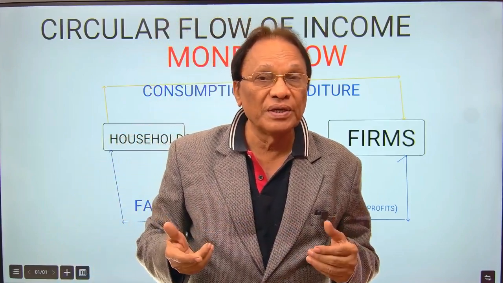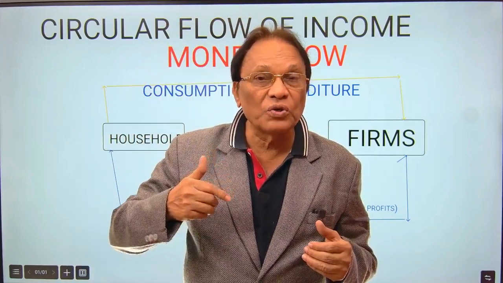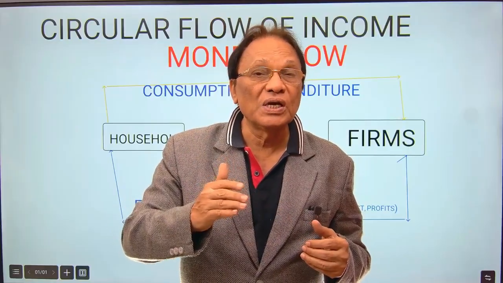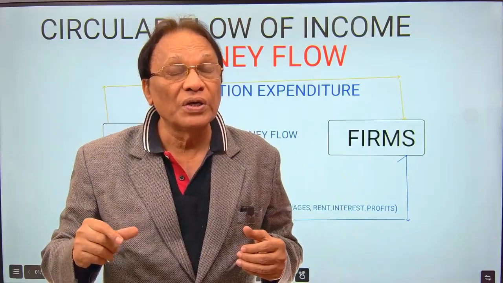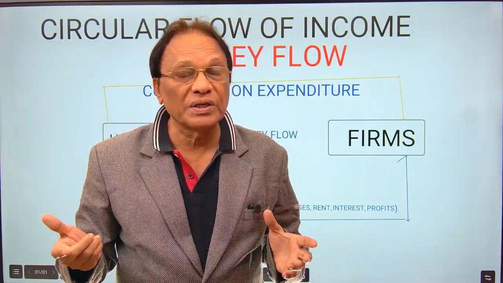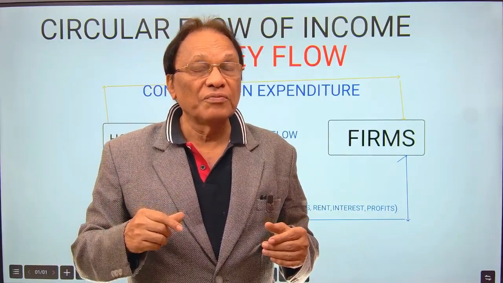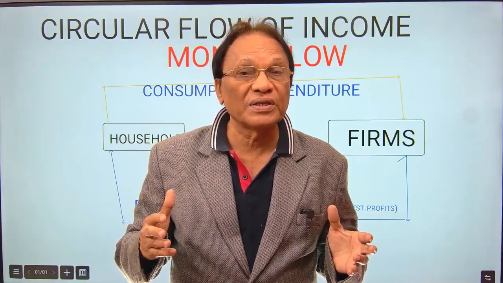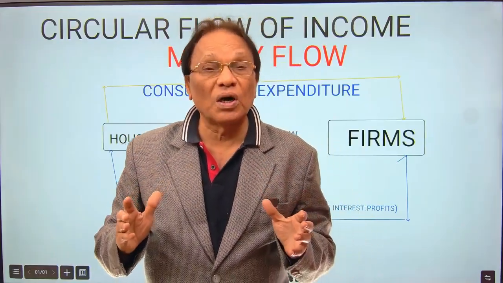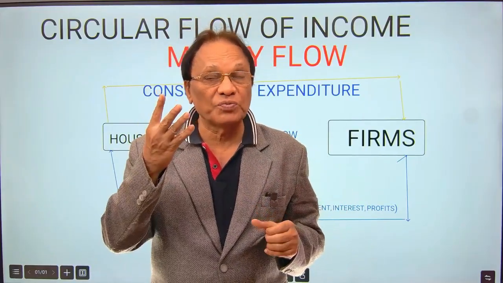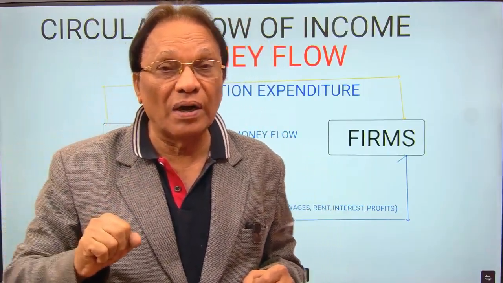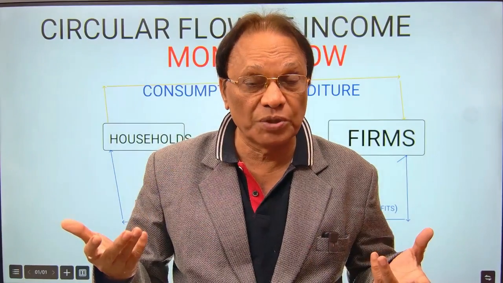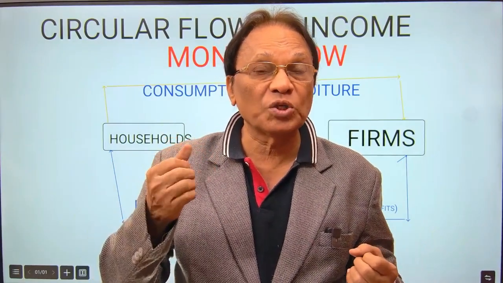Real flow means flow of goods and services from one sector to the other sector. For example, we discussed last time, households are the owners of four factors of production: land, labor, capital and enterprise or entrepreneurship.